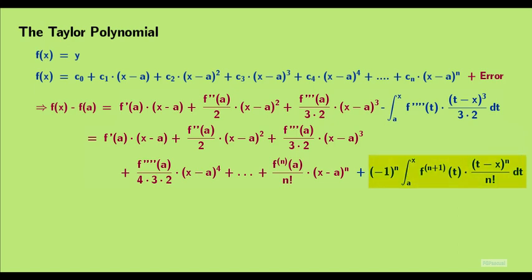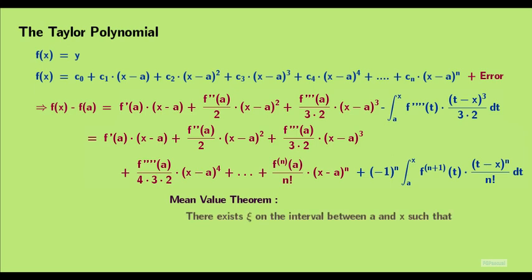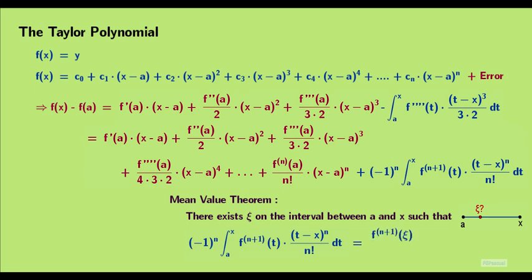To write this error term without the integral, we use what is called the mean value theorem. The mean value theorem states that there is a value xi. Xi is a Greek letter standing in for a value between a and x, such that the error integral is equal to the n plus 1th derivative of f evaluated at xi divided by the factorial of n plus 1 times the quantity x minus a raised to the n plus 1th power.